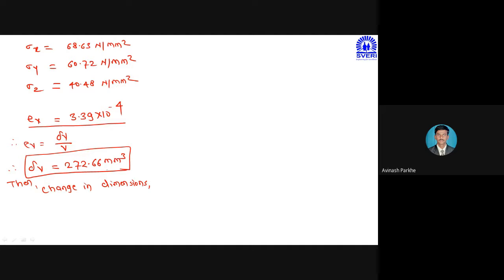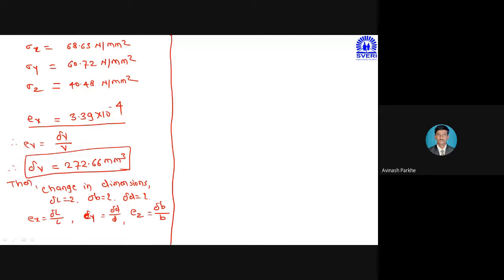Change in dimensions we have to calculate, means we have to calculate delta L, delta B, and delta D. To calculate the change in dimensions, we have the formula: epsilon x is equal to delta L upon L, epsilon y is equal to delta D upon D, and epsilon z is equal to delta B upon B. These three formulas we have. In these formulas, length, D and width are given.